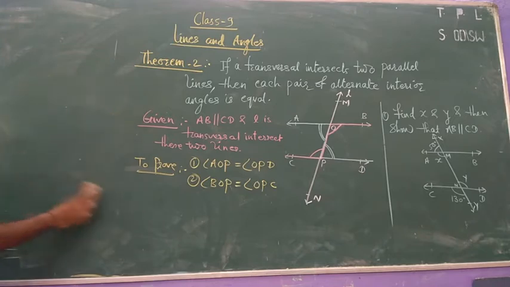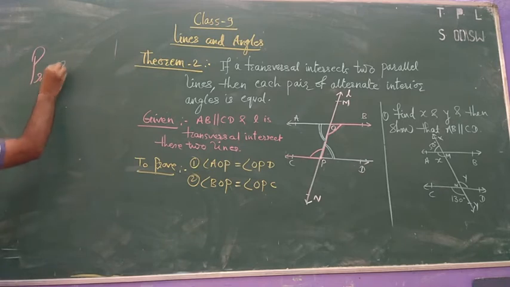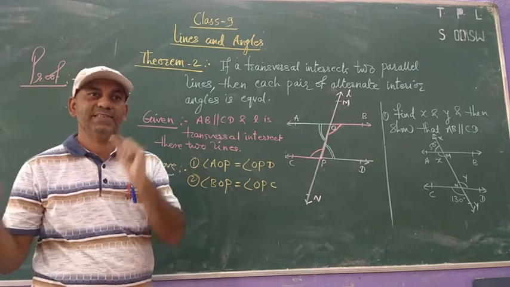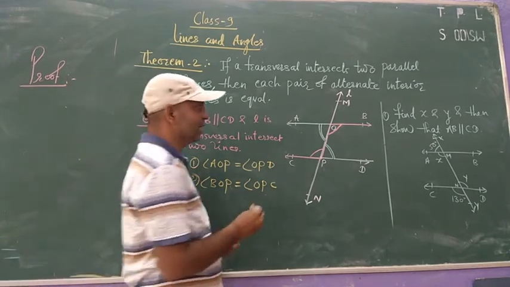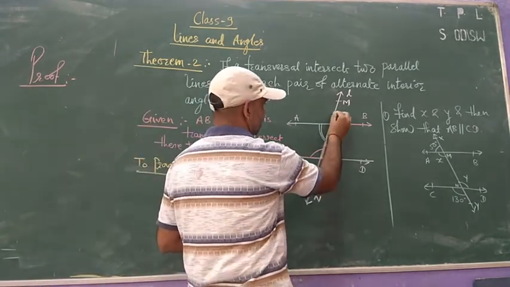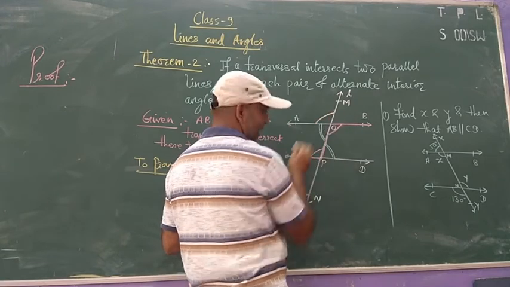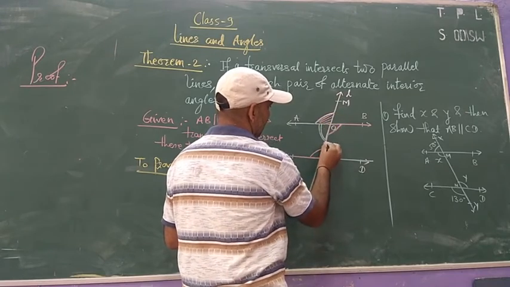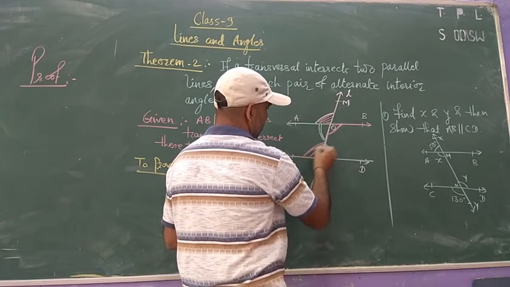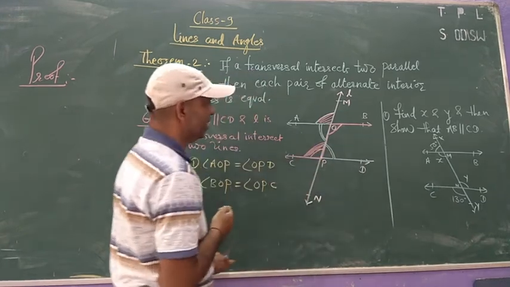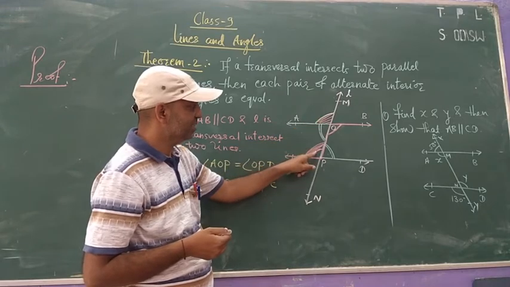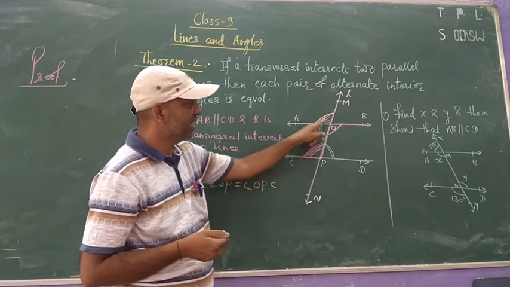Okay. So what is the proof here? See. So proof. We use here the corresponding angle axiom. So here these two angles are corresponding angles. This angle, okay, and this angle are corresponding angles because these two lines are parallel and it is intersecting. So this angle and this angle are equal because they are corresponding angles.